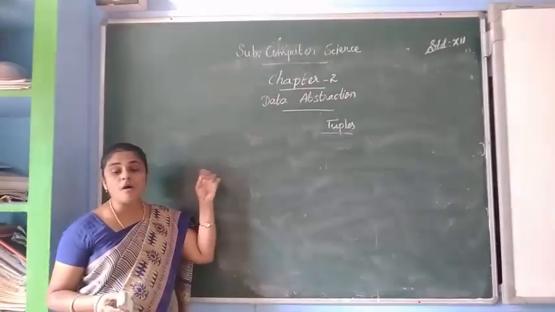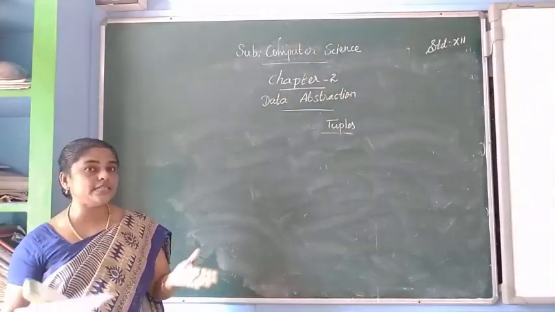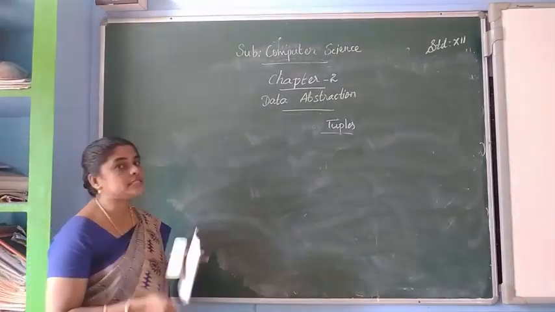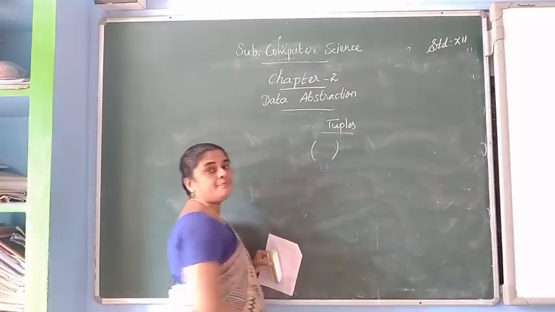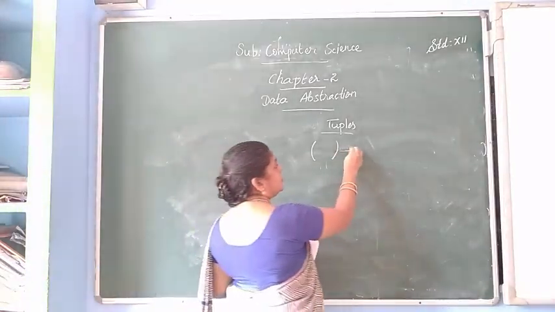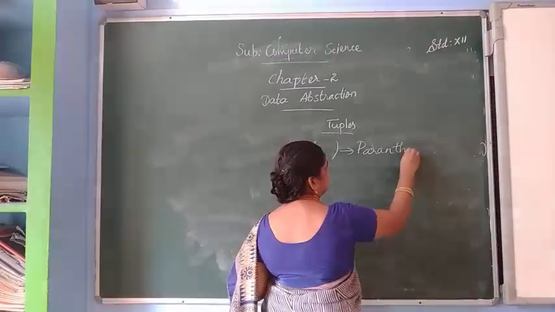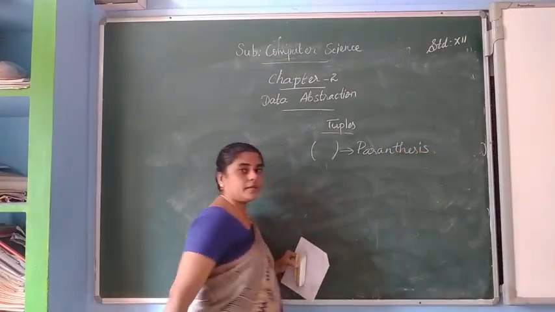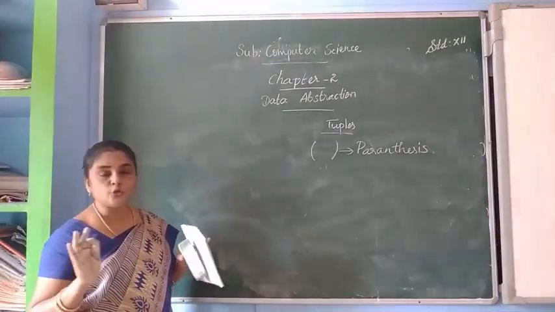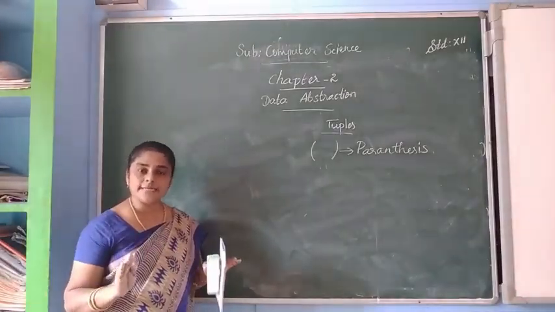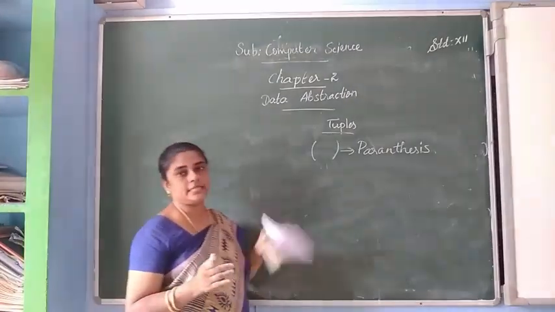A tuple is a comma-separated sequence of values surrounded within parentheses. Parenthesis means which one is the parenthesis? This bracket is known as the parenthesis. Can you understand?